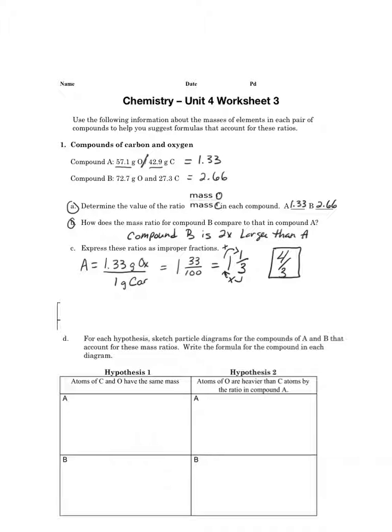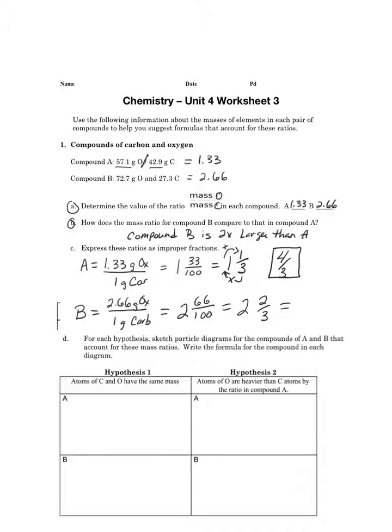Let's look at B. B was 2.66 grams of oxygen to 1 gram of carbon, which is the same as 2 and 66 over 100, which is the same as 2 and 2/3.